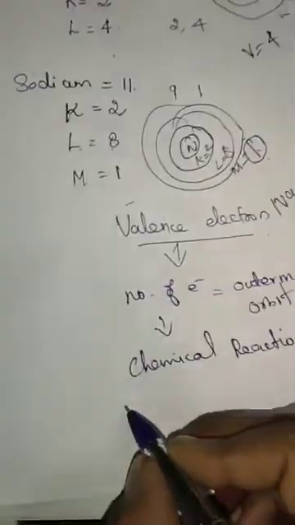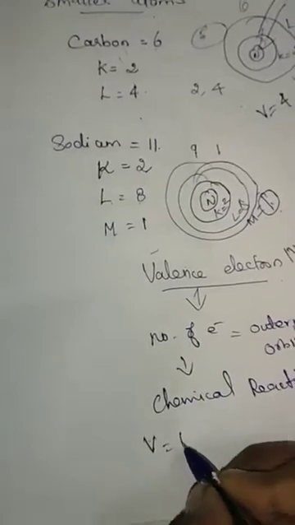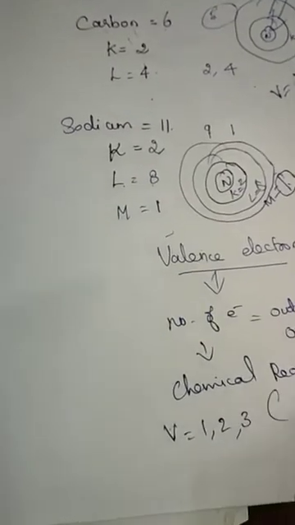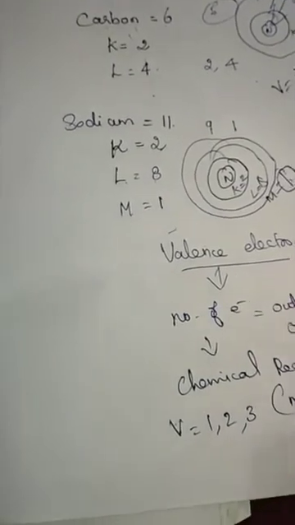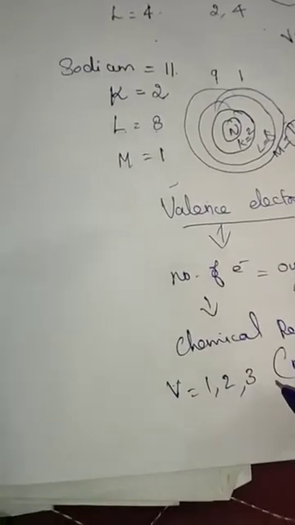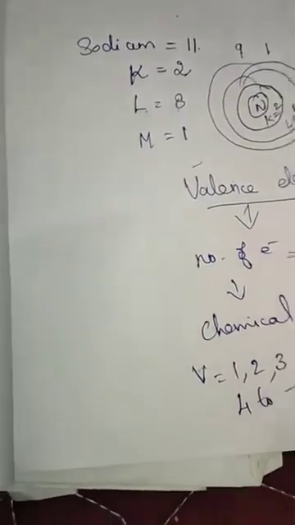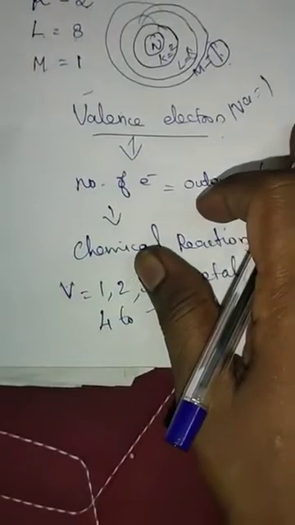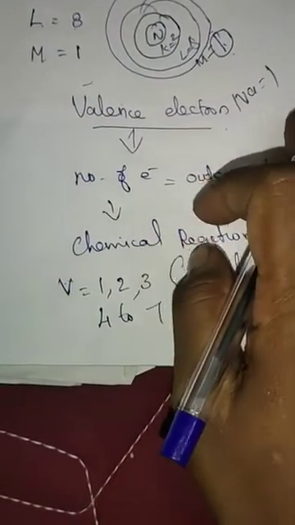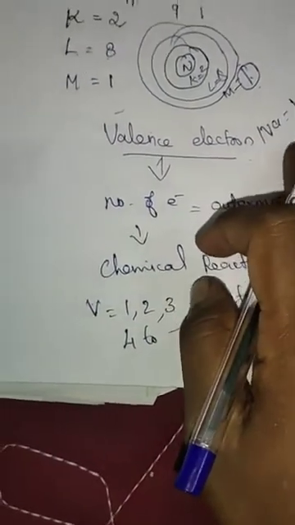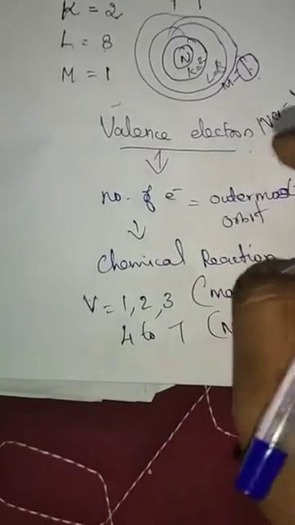The remaining, from 4 to 7, are non-metals. Have you understood this, students? We are seeing valence electrons. The outermost orbit is called the valence orbit. The number of electrons present in the outermost orbit is called valence electrons or valency.